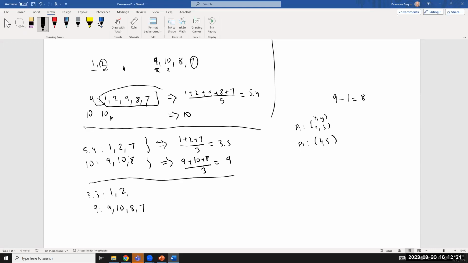For example, this could be the first initial centroid, this could be the second initial centroid. Other points could be, I'm just making up, 5, 7, let's say 1, 2, etc. If these are your initial centroids, then you are going to have 2, 3, and 4, 5, and you are going to find the distance of this to this one, this to this one, and so on. You are going to find the distance to each centroid.